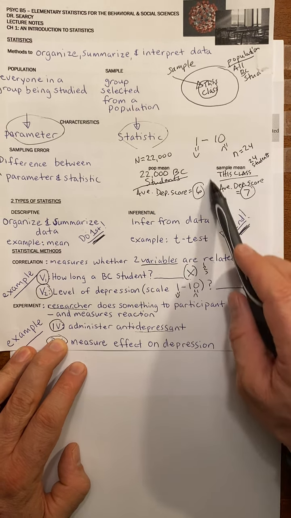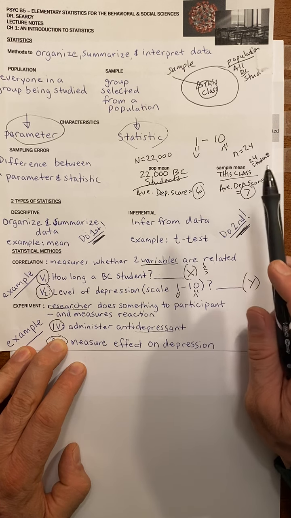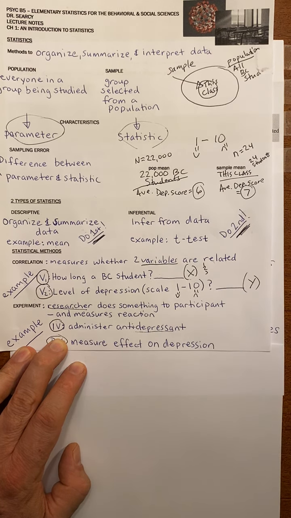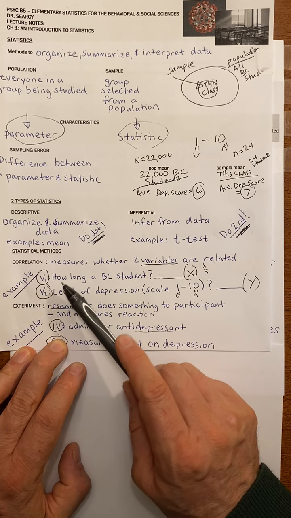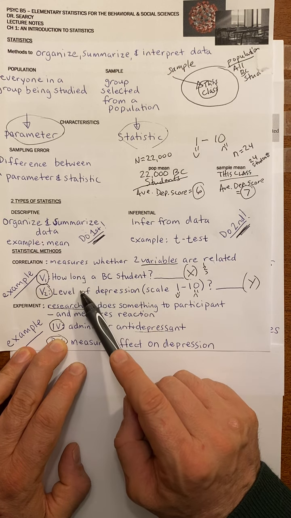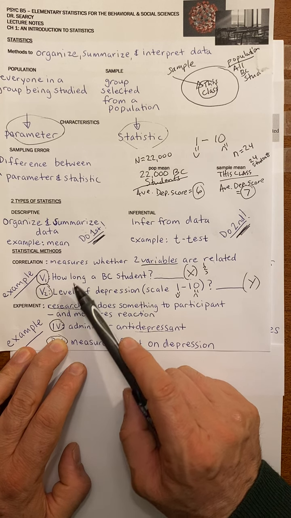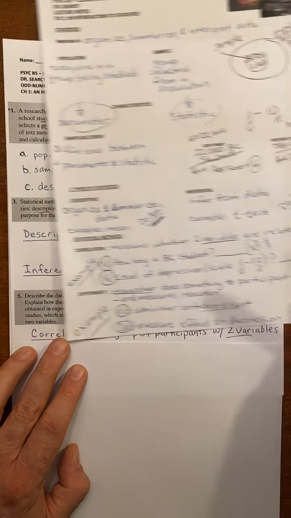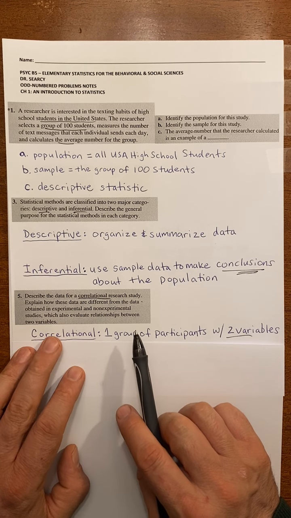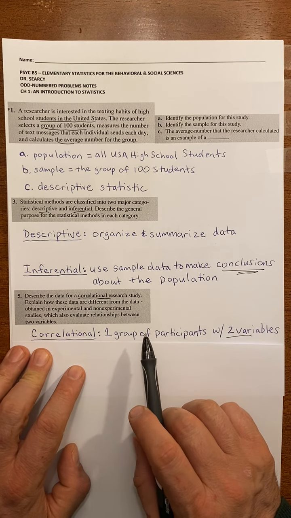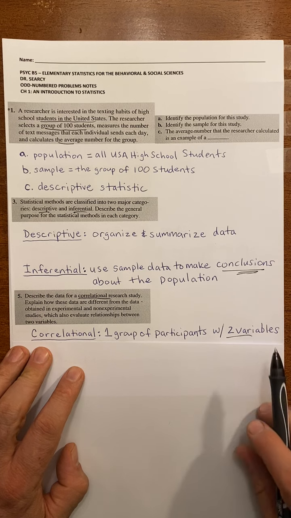So we were looking at a sample of students. And we went to that one sample, that one group of students, and we asked them two different questions. How long they were a BC student and how depressed they were, right? So that's the two variables. And that's our logic for how we can run a correlational study using one group of participants with two variables.